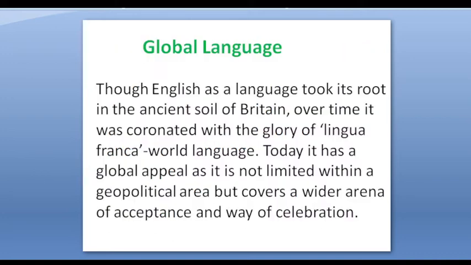English is a global language. Though it takes its root in the ancient soil of Britain, a small island, over time it was coronated with the glory of lingua franca, a world language. Today, it has a global appeal as it is not limited within a geopolitical area but covers a wide arena of acceptance and celebration.